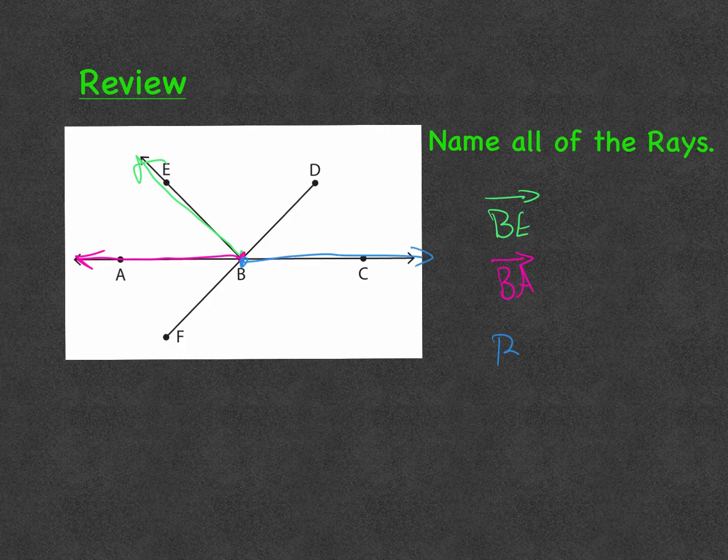BC. There's two more. Ray AC, good. So A to C. And there's one more. Ray CA. Okay. All right, so remember, a ray has an endpoint and an arrow.